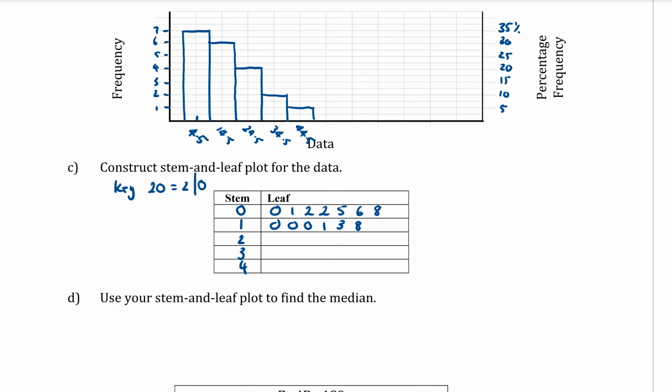Okay, have a try of the 2 stem. There should be 4 numbers that you put in there. Anyone do it? What did you get? Yep. 0, 2, 5, 8. Correct. Notice as I'm constructing this that all of these numbers, you can almost draw lines, columns.